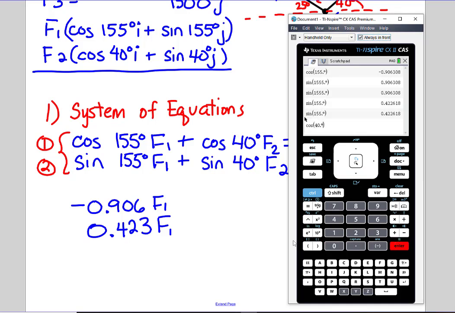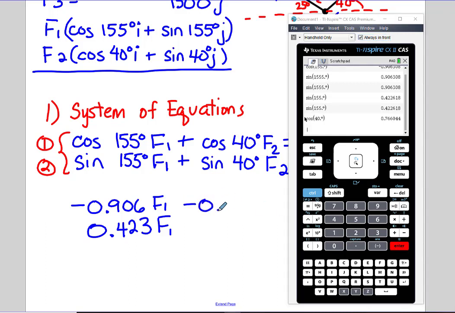Then we got this column, cosine of 40 degrees. And that's 0.766 for F2. And then we have the sine of 40 degrees. And that's 0.643 for F2.